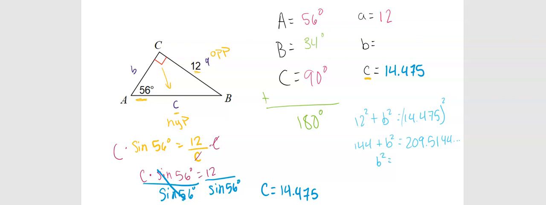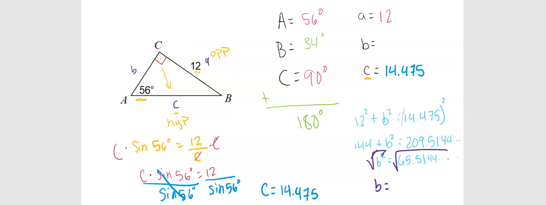So b squared equals 65.5144, etc. Now, before I wrap things up, let's take the square root of both sides so that we get b all by itself. The square root of your decimal.